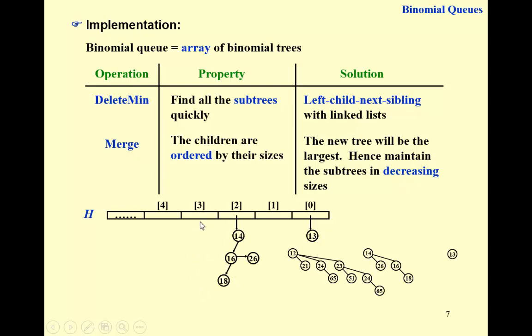Okay, and at position 3, there's going to be another pointer pointing to the root 12. Follow the left child link of any node, we can find its largest subtree. And all the subtrees are linked in decreasing order of their sizes. That is how a binomial queue looks like in a program.